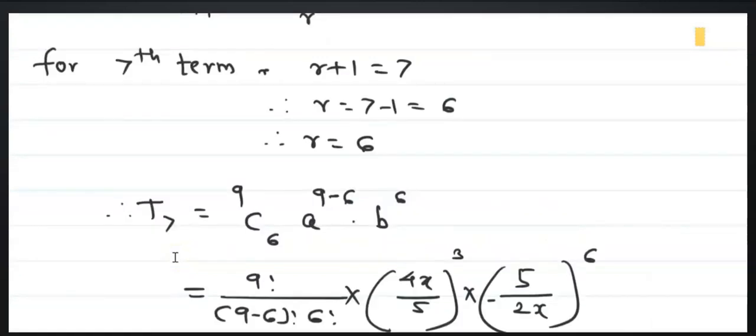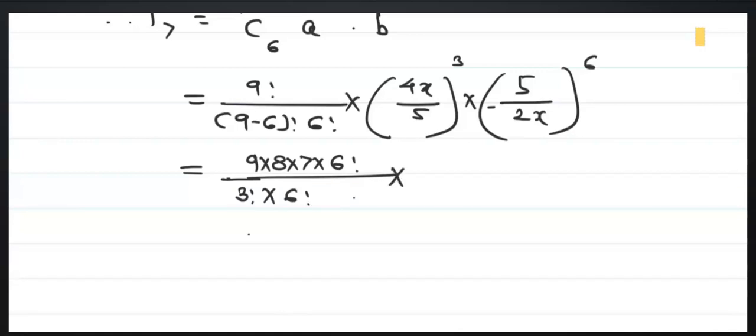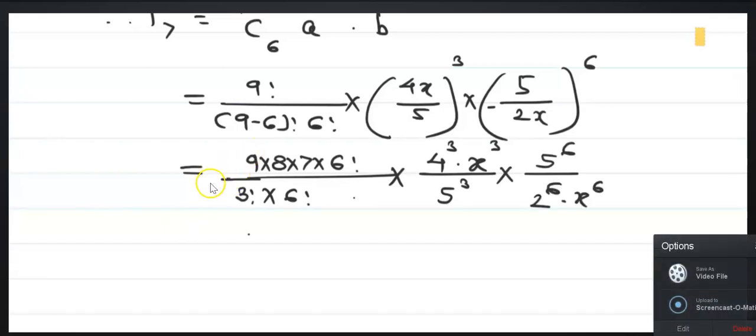Now perform the calculations: 9 into 8 into 7 into 6 factorial. Now 6 factorial will get cancelled.